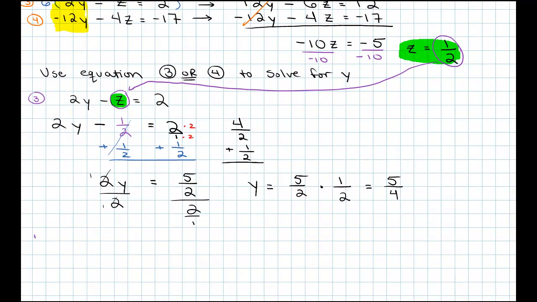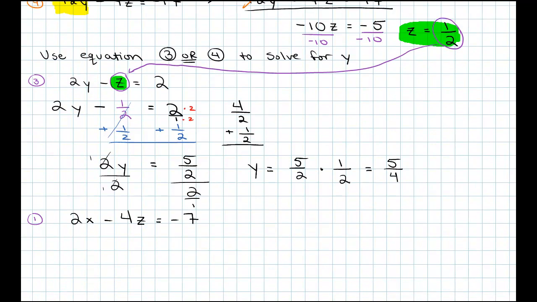So let me copy it down. Equation number 1 was 2x minus 4z is equal to -7. And I'm going to substitute 1/2 instead of z, because I'm using the one that has a z in it. So we're going back up here to this 1/2 and substituting again here.